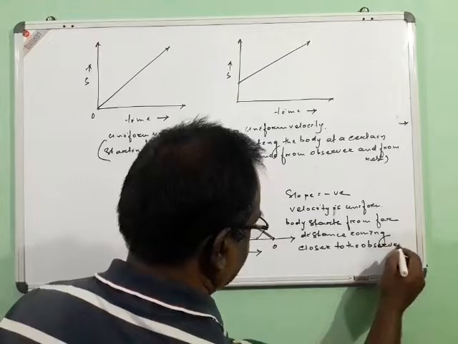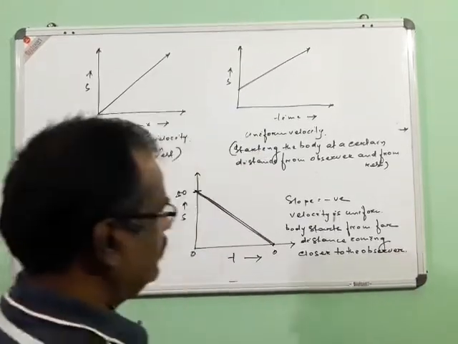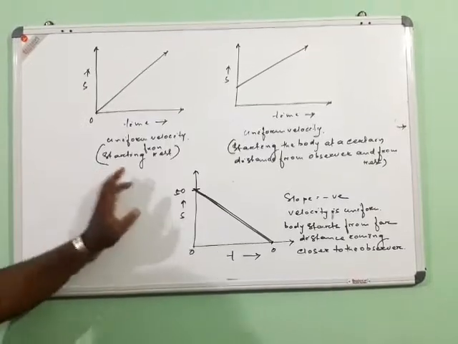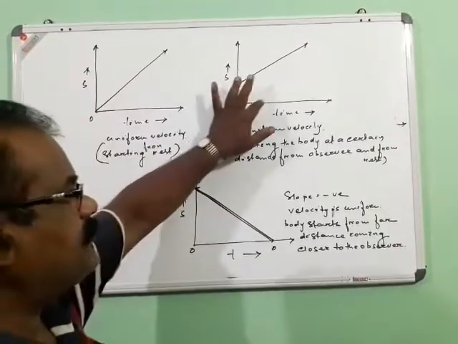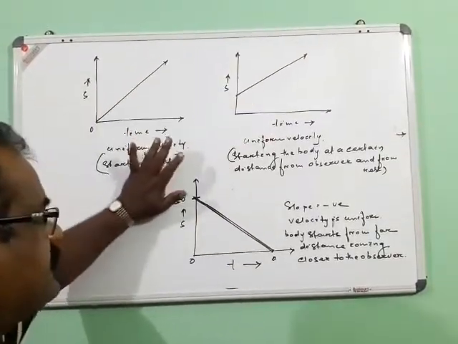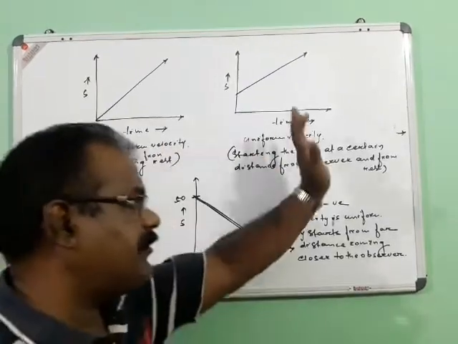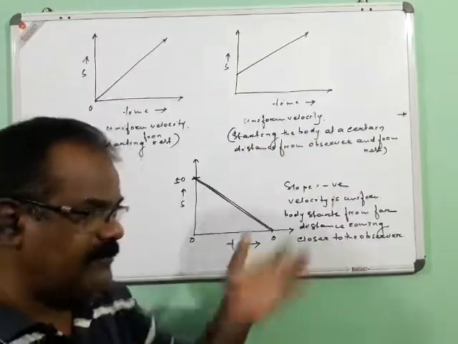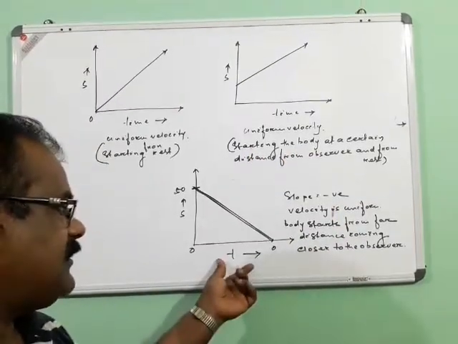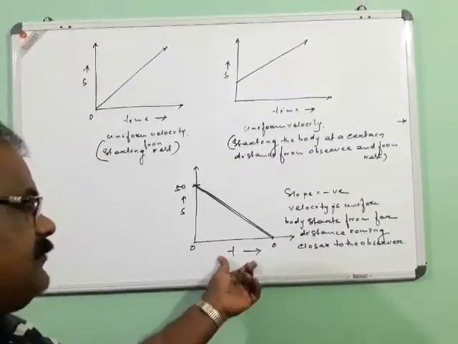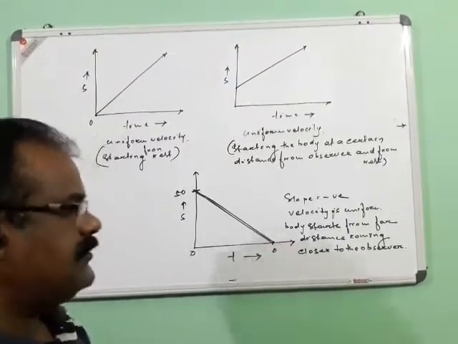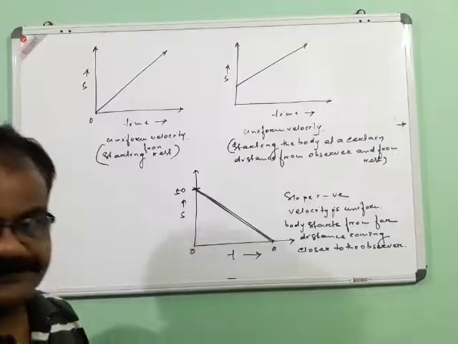So in all these cases we will find that the graph is a straight line, and these two have a positive slope. So in this case we can say that it is moving away from the observer, whereas in this case the slope is negative, so it is coming towards the observer, and after a certain time period in seconds, it comes to 0, meaning it is very close to the observer.